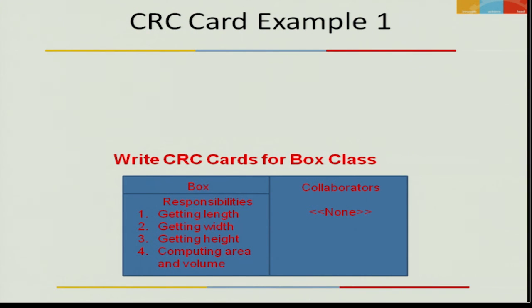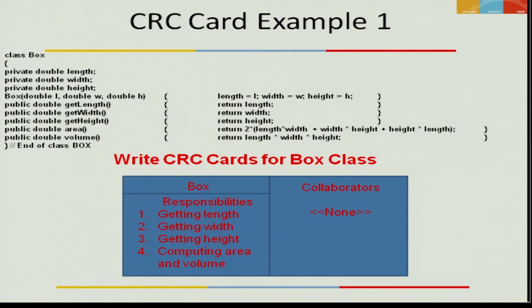In this case there are no collaborators. Well, you can now guess what are those responsibilities. They basically form methods of this particular class, and you can basically have a class like this. Very simple example, but in more complex cases a class will not be as simple as a box.